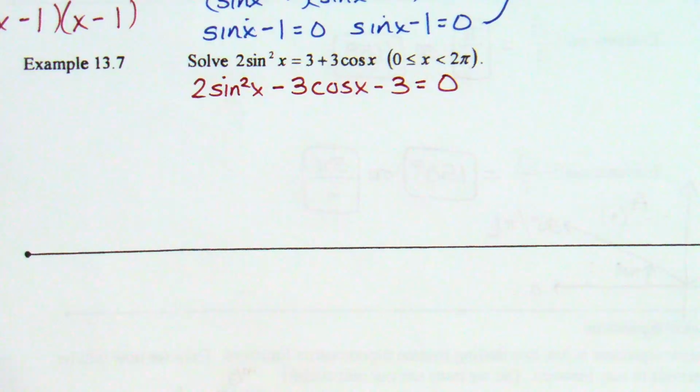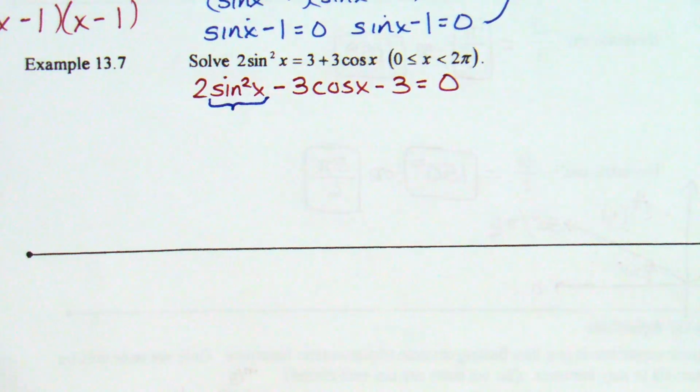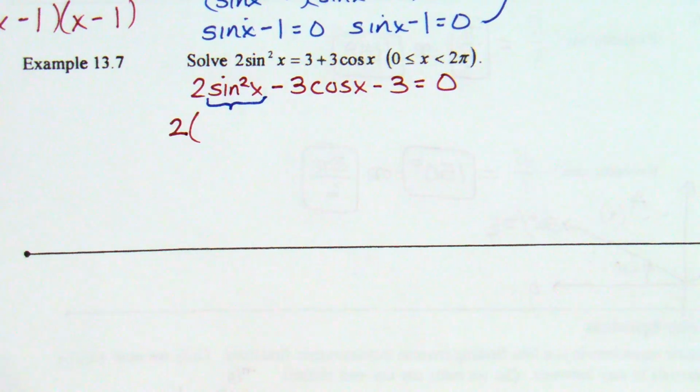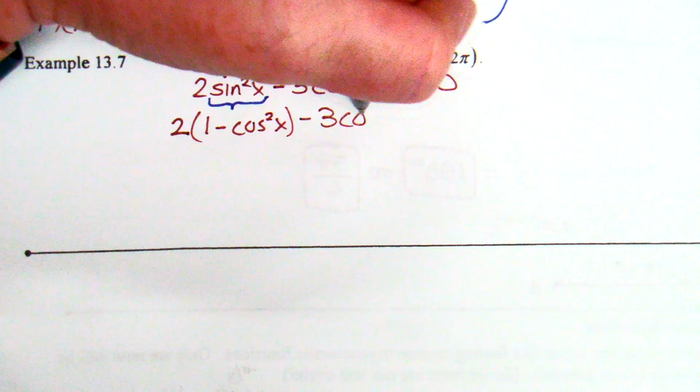2 times sine squared, the Pythagorean identity from above. If you solve for sine squared, it's 1 minus cosine squared x. Still minus 3 cosine x minus 3 equals 0. And then, yes, now I'm ready to distribute, which is what Nathan was trying to do earlier that confused me.